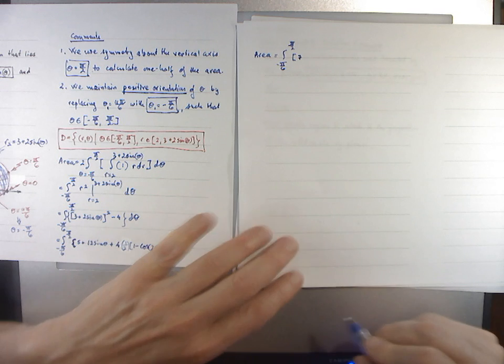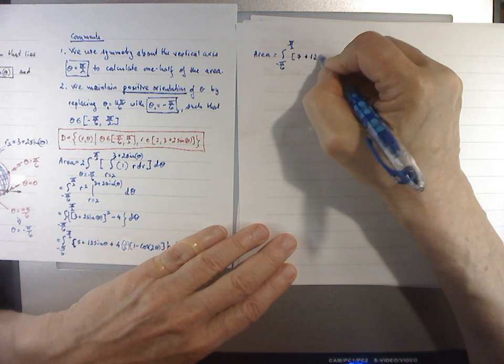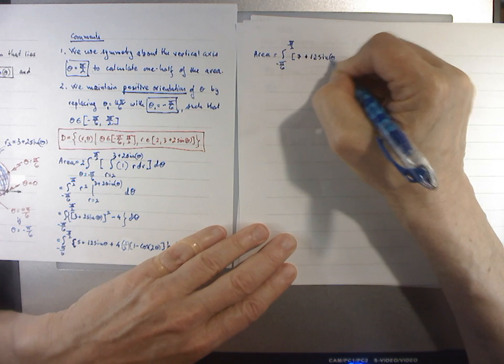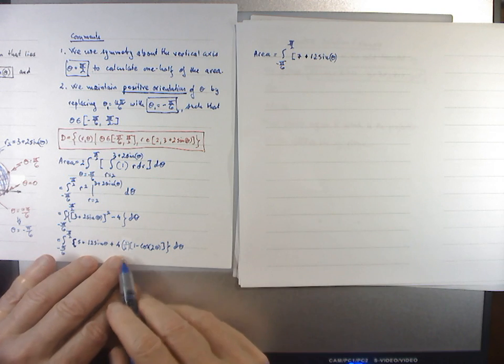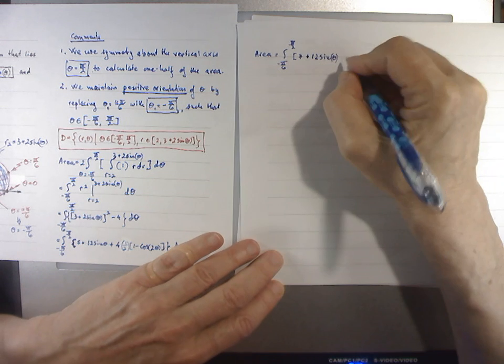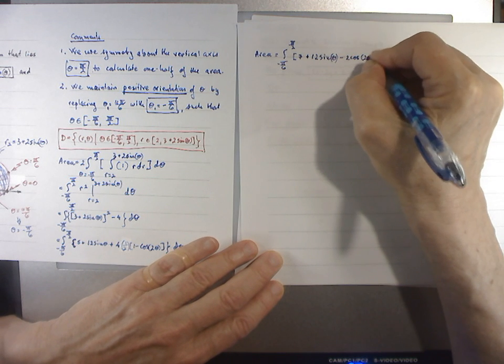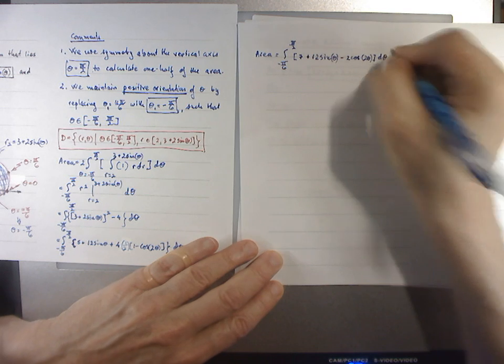We have 12 sine theta, that does not change. So plus 12 sine theta. And here we have 2 times cosine 2 theta, and it's negative. So minus 2 cosine 2 theta. And we can close the bracket, and now we are ready to integrate.